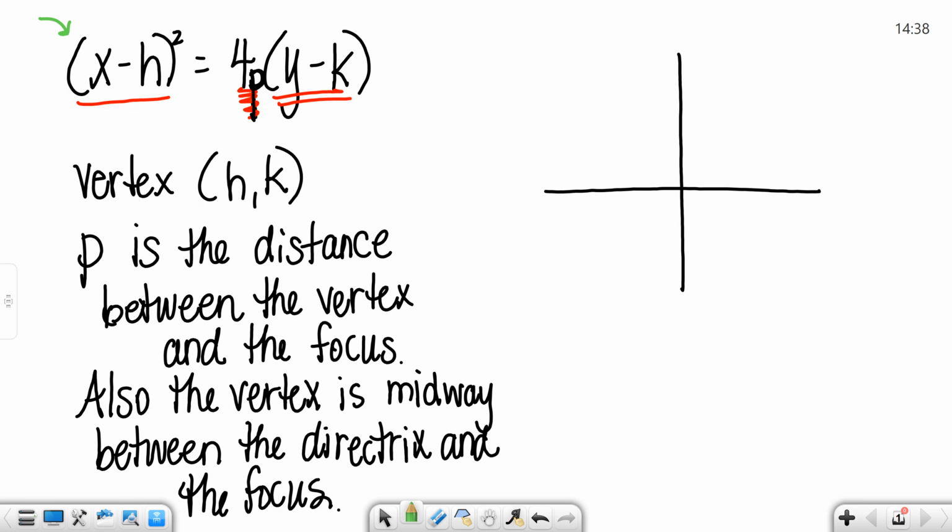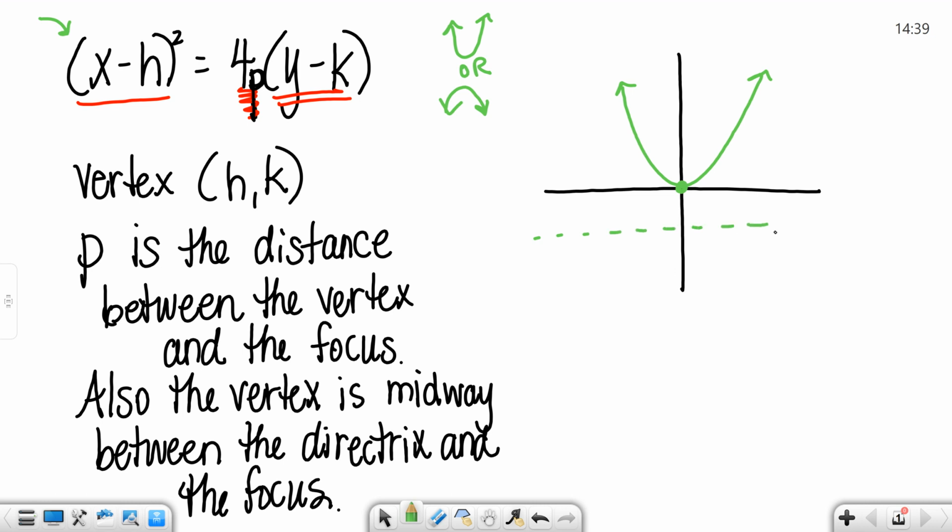Our directrix is going to be horizontal. So this particular graph is going to either open upward or downward. One or the other. Hyperbola is two curves, parabola is just one curve. So this particular one, let's say that I just look at one that my vertex is at the origin for the moment.